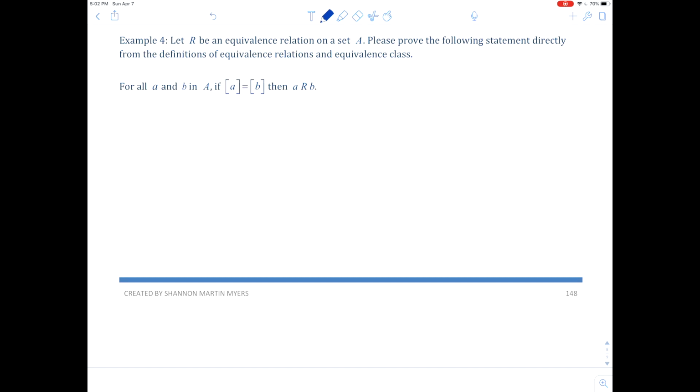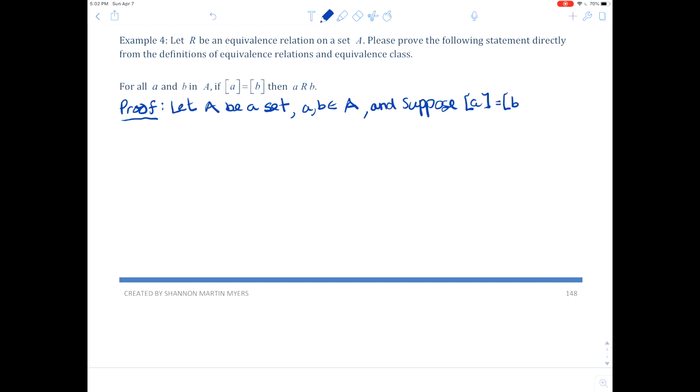All right, well, we're going to let A be a set, and a and b belong to A. And we're going to suppose that the class of a equals the class of b.